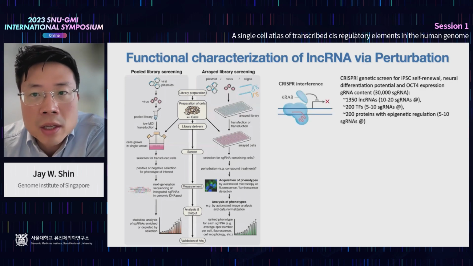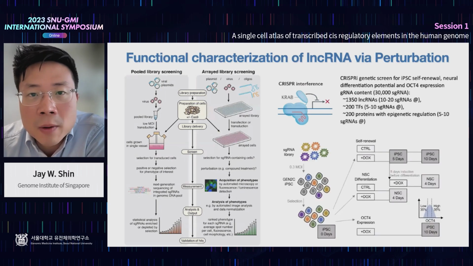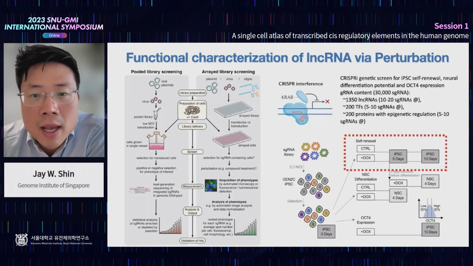So I just want to give you a snapshot of what we've been doing with CRISPRi. We designed multiple guide RNAs targeting about 1,300 non-coding RNAs, and we targeted the iPS cells during the proliferation stages, as well as differentiation.